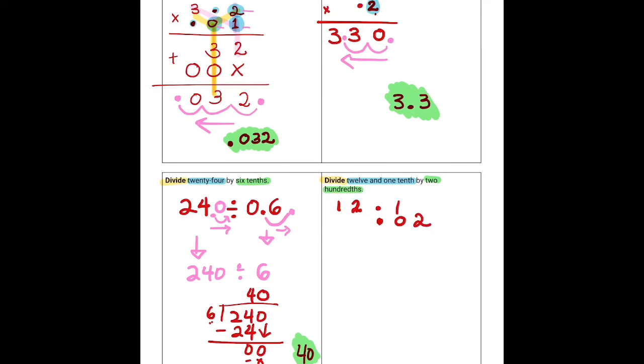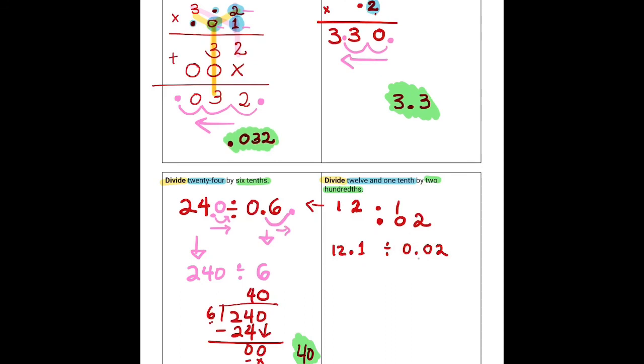Okay? So now let me write it in this format. 12 and 1/10 divided by 200s.